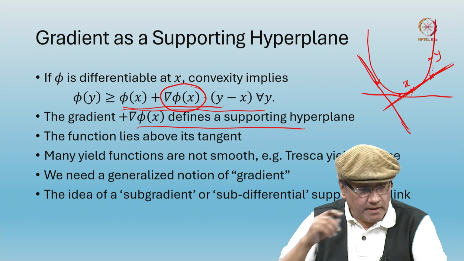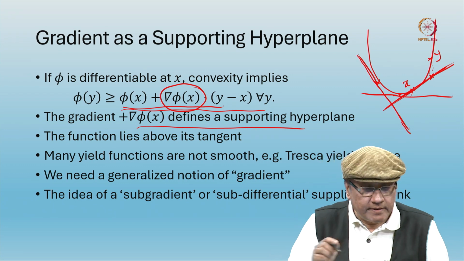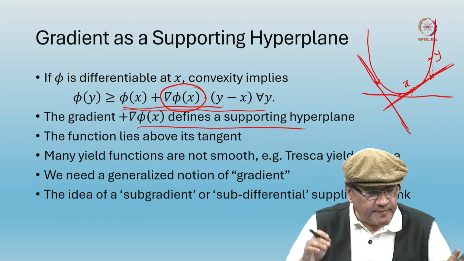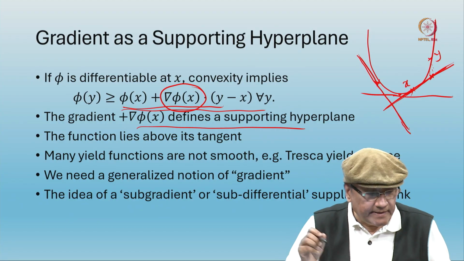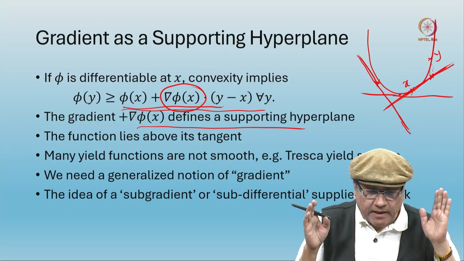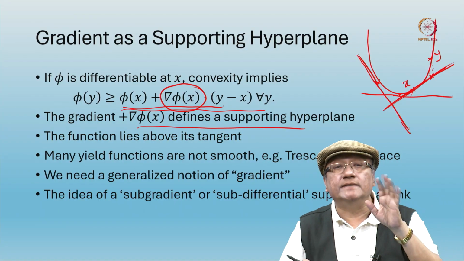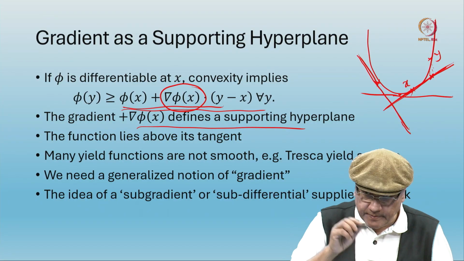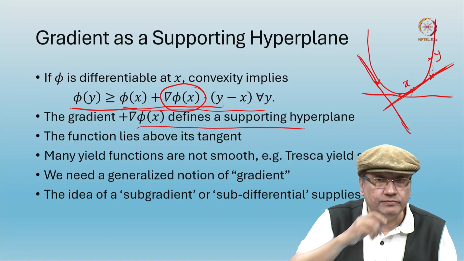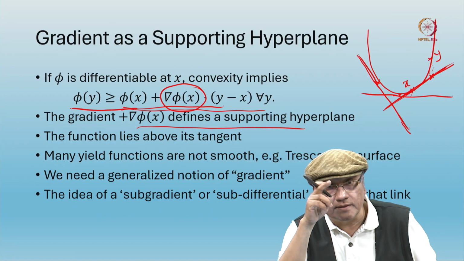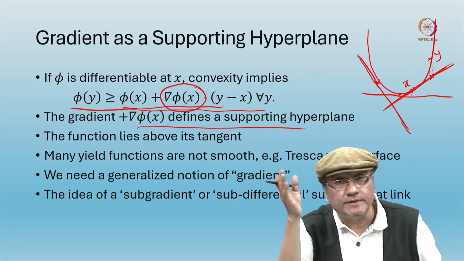So the gradient should define a supporting hyperplane. The function lies above the tangent, as you can clearly see. If phi is a convex function, then this inequality written at the top of the slide is always true.